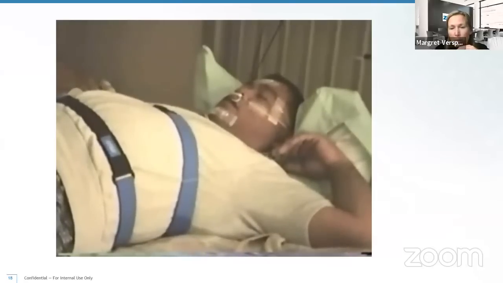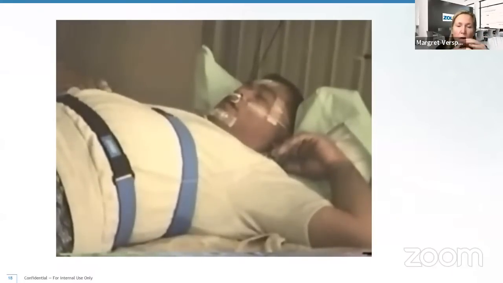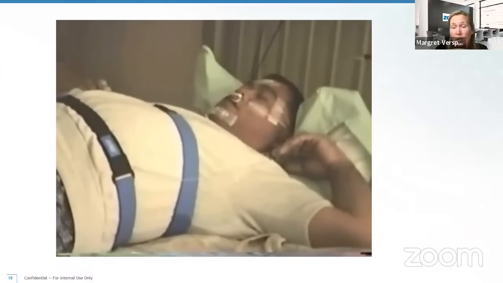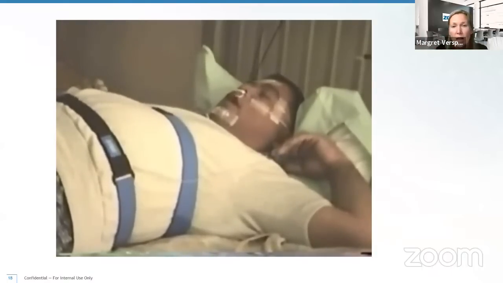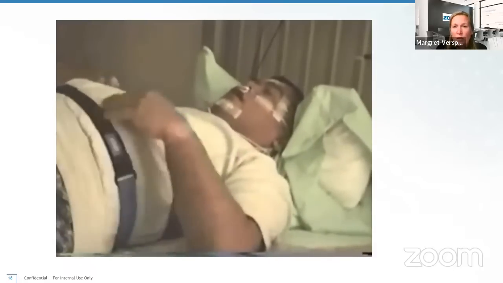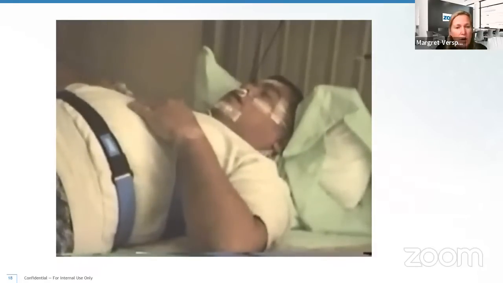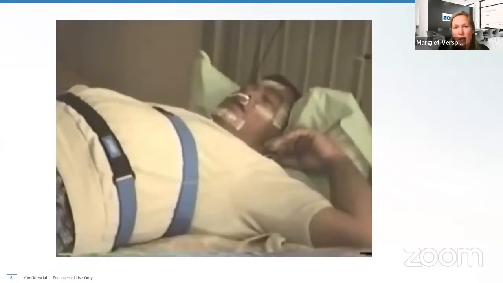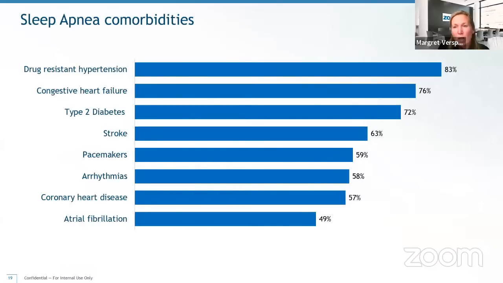It's a very severe and clear apnea case to show you how it looks and how intimidating it can be for a partner to lie next to someone who is not breathing and pausing for a longer time, and then has this severe snoring. You can see this patient is struggling a lot during the night.